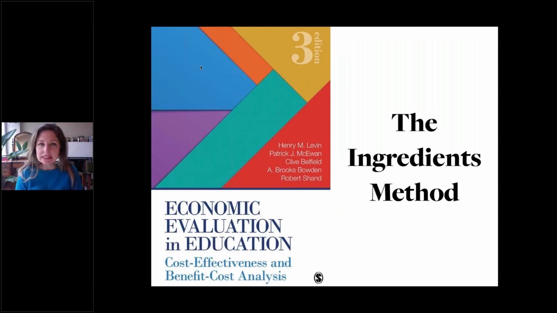The cost piece, the ingredients method is a way that you can estimate your costs for any of these given types of research, any of these types of questions. We did put out a new edition of the book a few years ago, and that book really walks you through in detail, like any textbook, how you would conceptualize costs, but then how you would attach prices and adjust prices.